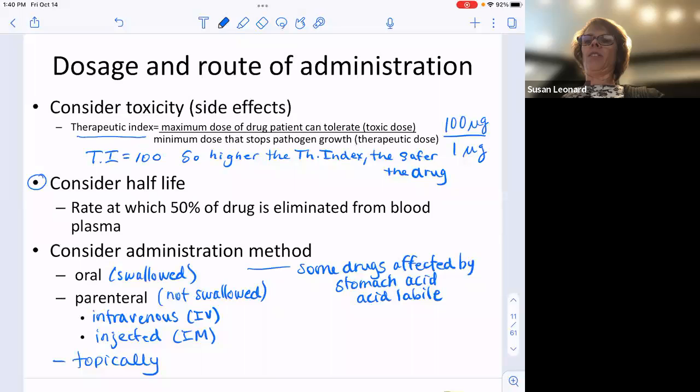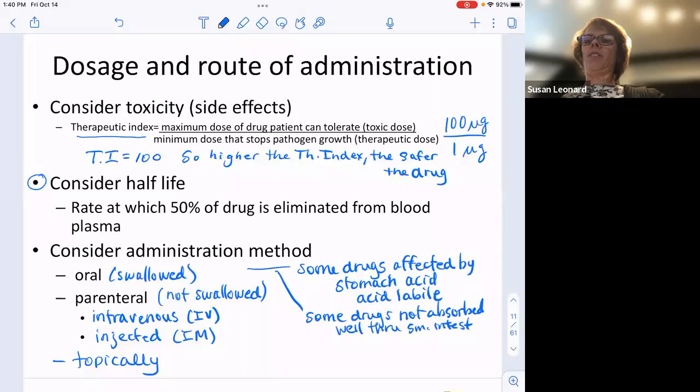Some drugs are just not absorbed well through the small intestine. So that's another reason that you might not be able to, or might not want to give them orally.